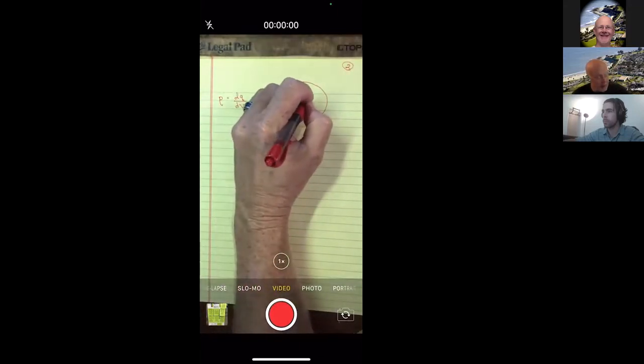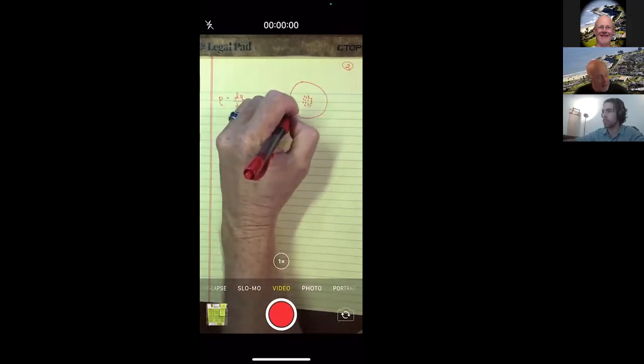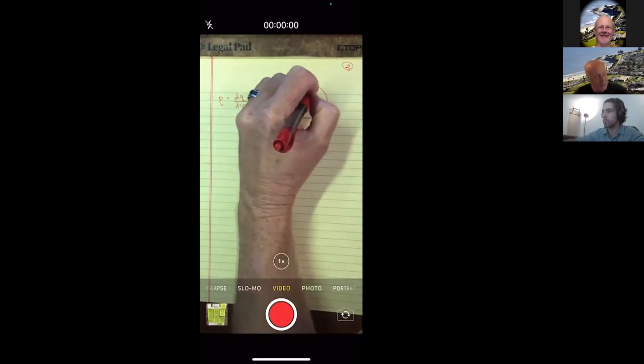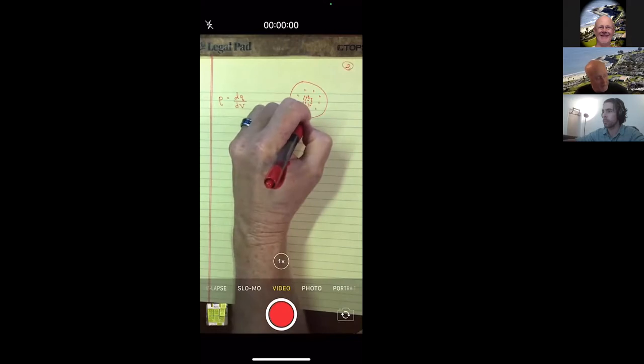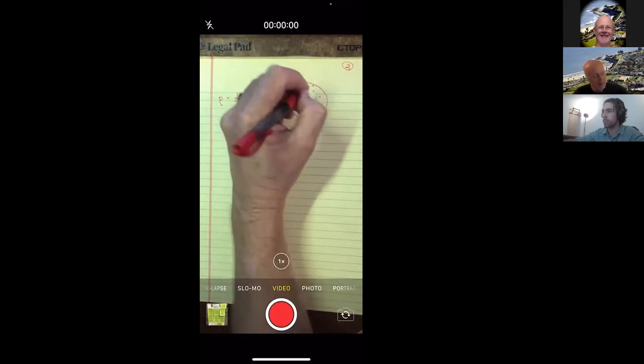Now remember we said right in the center there is a lot of charge, and it tapers off towards the edges.